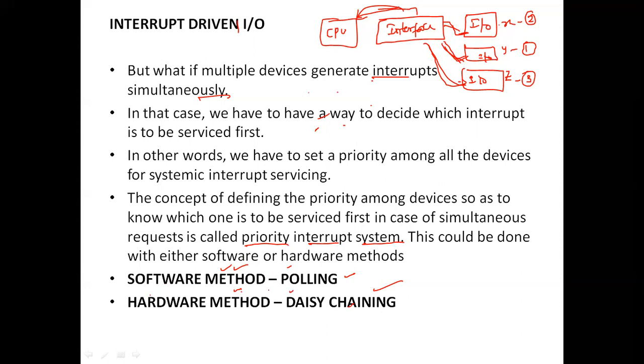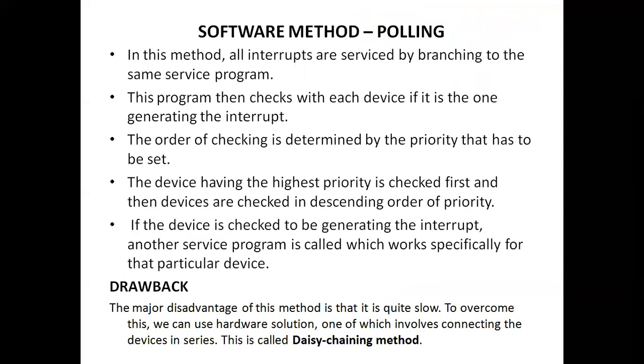First we will look at the software method, that is polling. In this method, all interrupts are serviced by branching to the same service program. The program then checks with each device whether it is the one generating the interrupt.